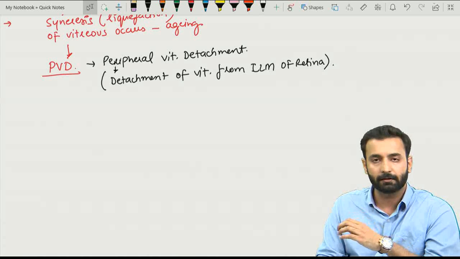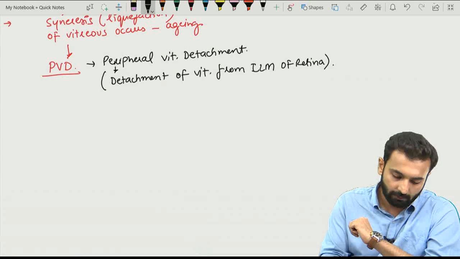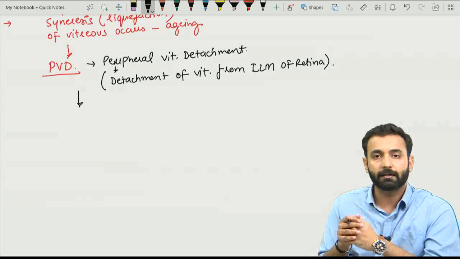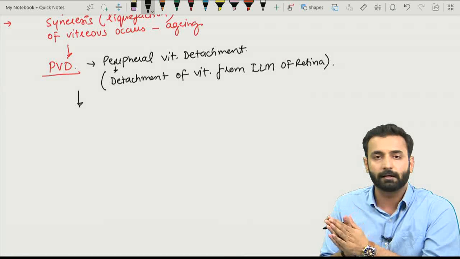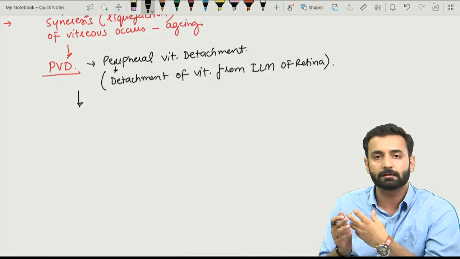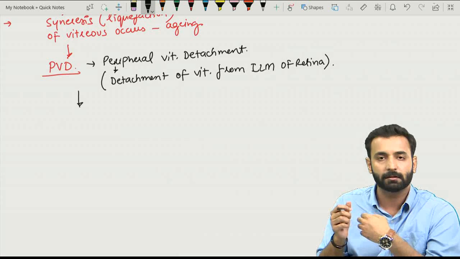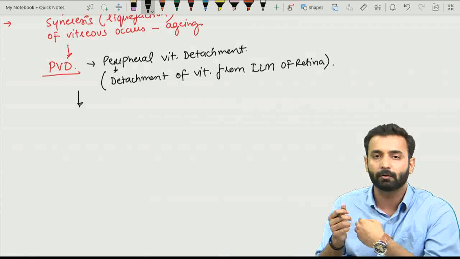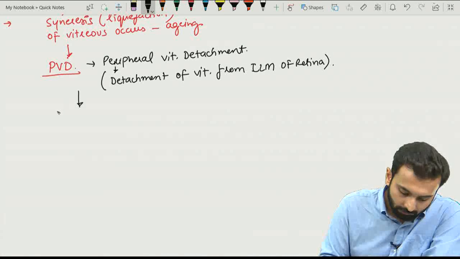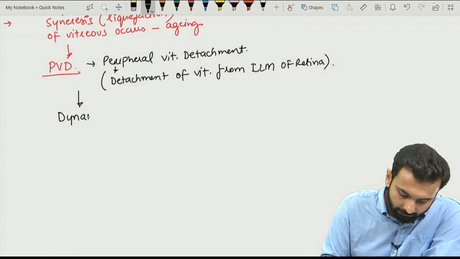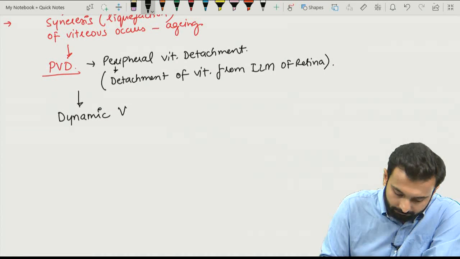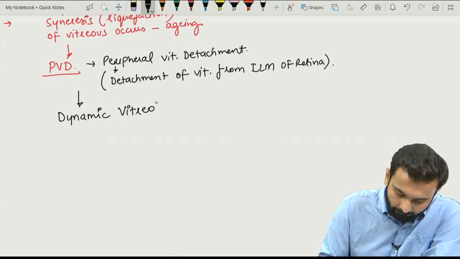Vitreous is detached. Now the remaining vitreous which is attached to the retina will exert a dynamic vitreoretinal traction. Traction means the vitreous is pulling the retina, right? So PVD will lead to dynamic vitreoretinal traction.